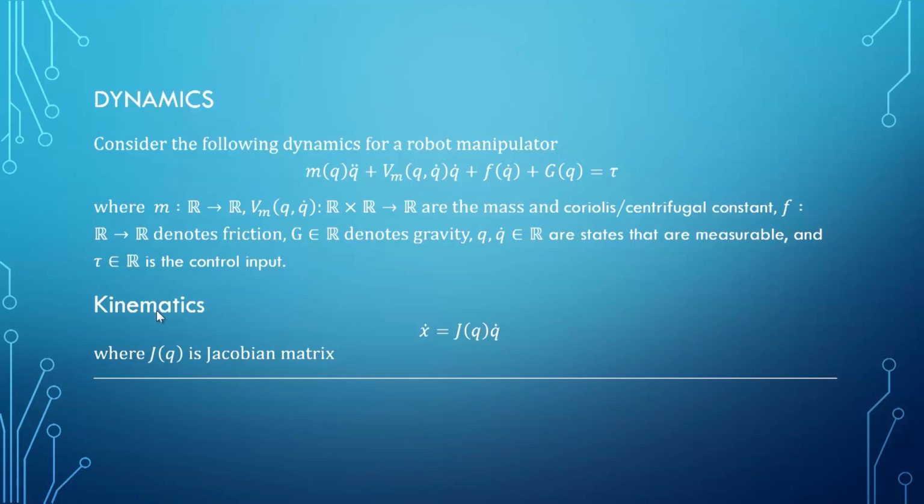It's not about the force or the momentum. It's all about motion. So the J, which is the Jacobian matrix, transfers the Q dot to X dot, and Q dot is in joint space. X dot is in task space.